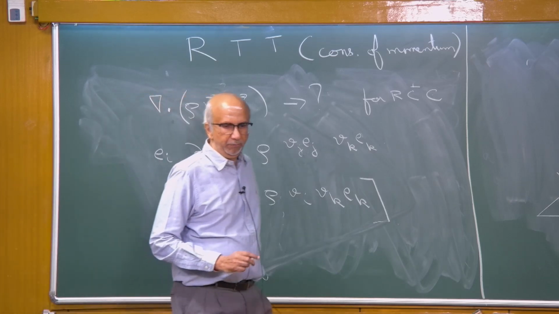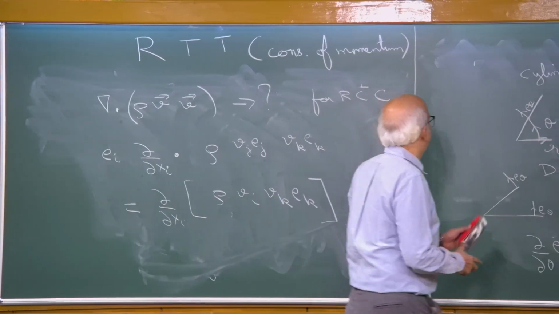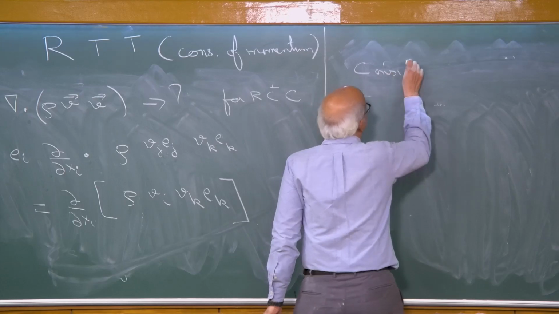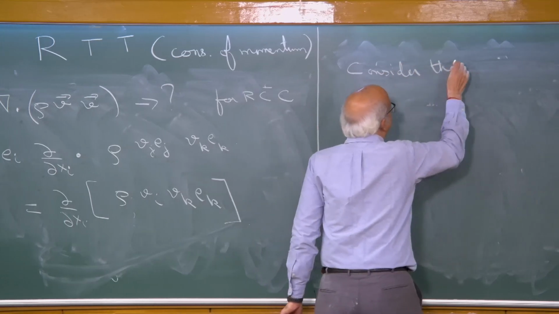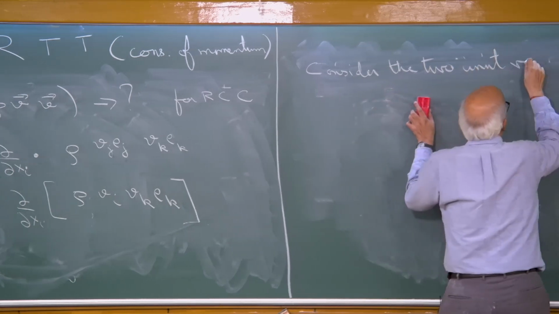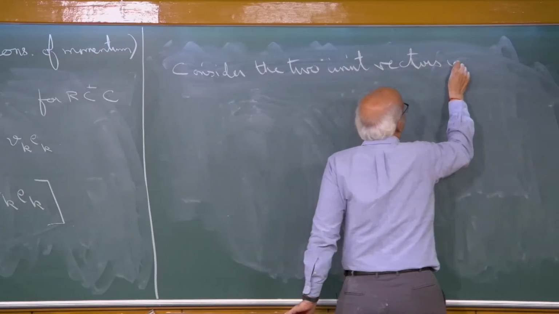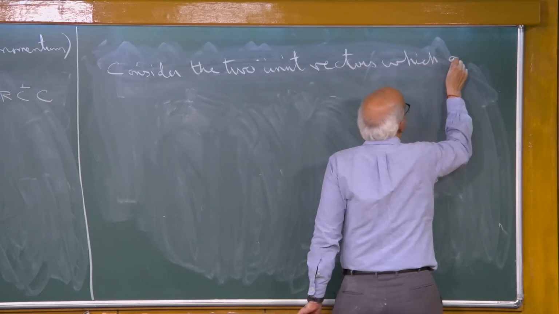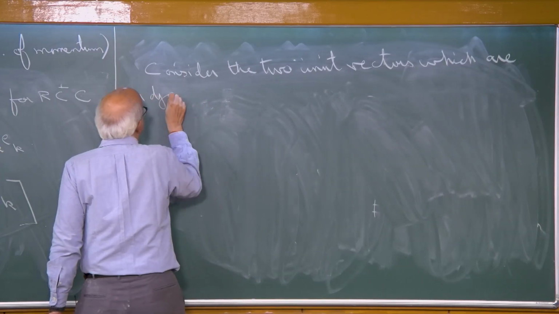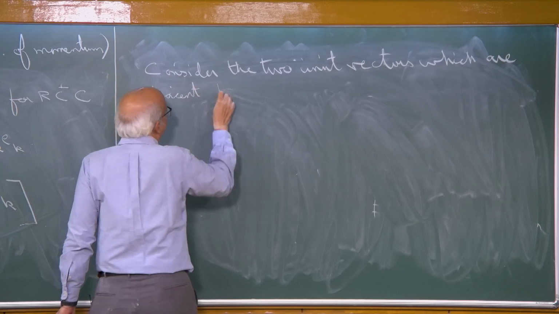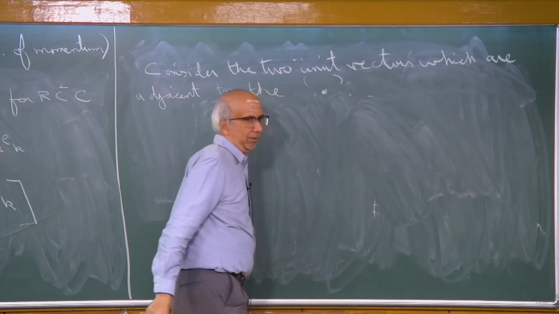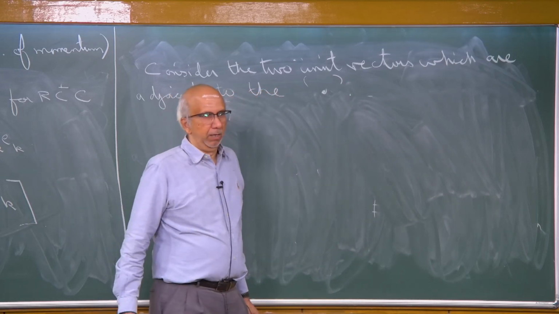So, basically when you have a dot product, consider the 2 unit vectors which are adjacent to the dot, and then proceed.